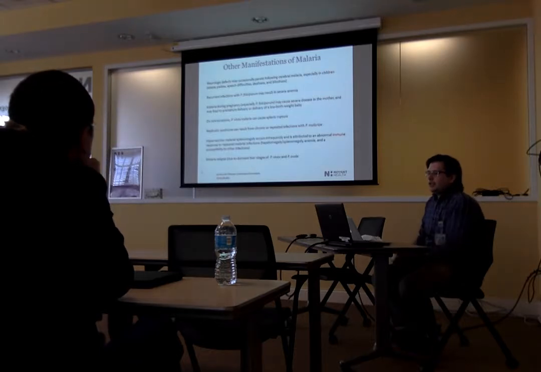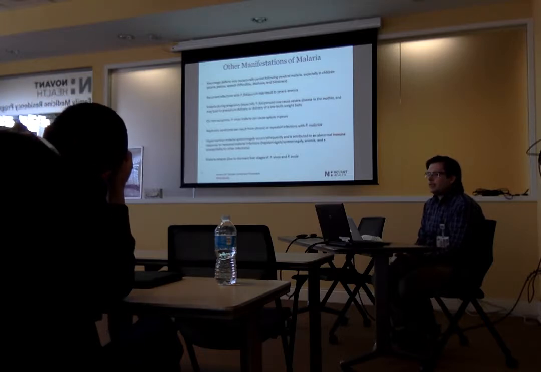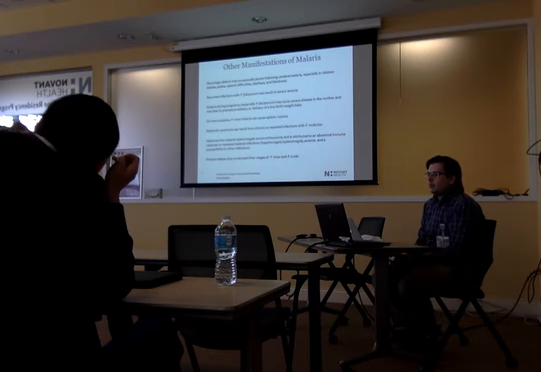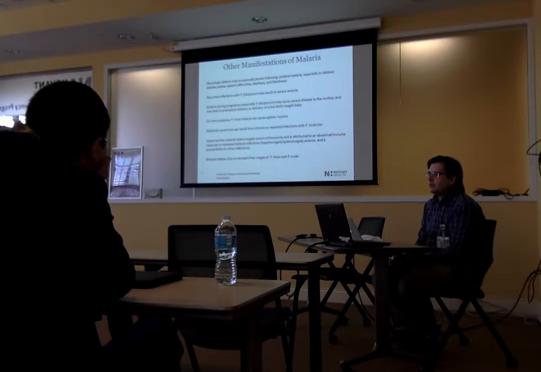For other manifestations, we can see neurologic deficits from the cerebral malaria, such as ataxia, speech difficulties, deafness, blindness. Recurrent infections may result in severe anemia. During pregnancy, particularly with the falciparum species, severe disease in the mother can lead to premature delivery or delivery of a low birth weight baby.